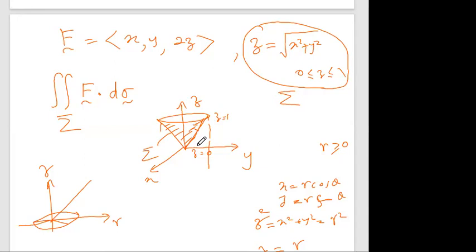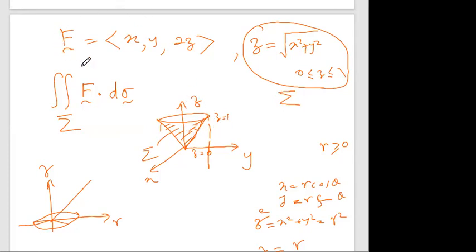Is it clear to you? The curvy one is the surface. So we identified the geometry. Now the vector field is spreading everywhere throughout this.